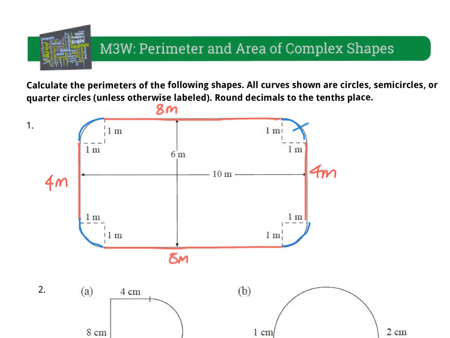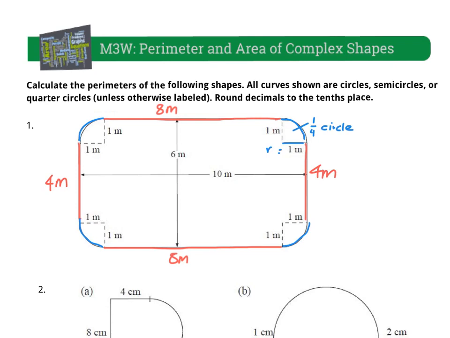So in other words, each of these little pieces is 1/4 of a circle. And so that means that the radius of that circle is equal to 1 meter. Okay, so now I need to find the distance around that circle if I were to put all 4 of those pieces together.